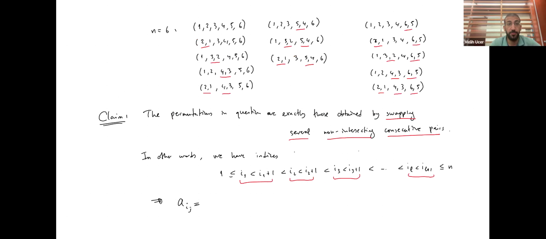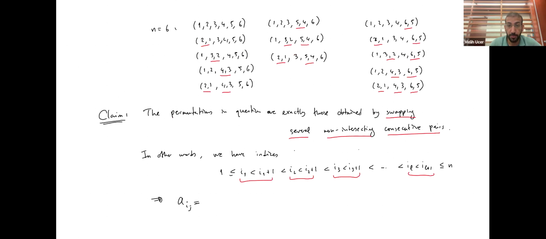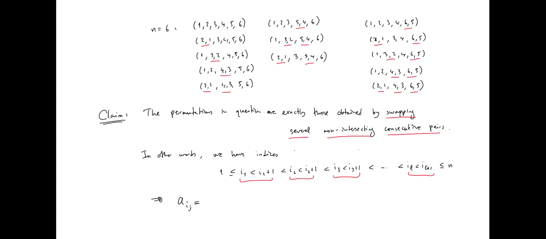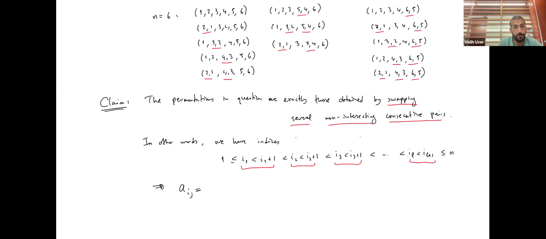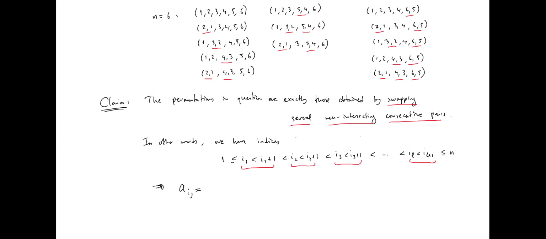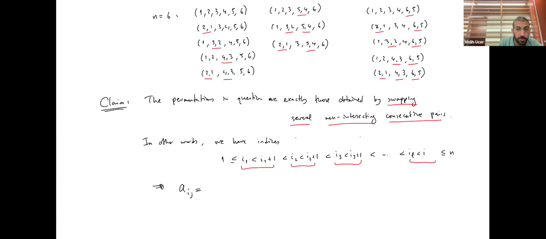We are just mathematically formulating what we said verbally. Sorry, this is not L plus 1, it is IL plus 1. What do you mean Aij? Yes, a good question.